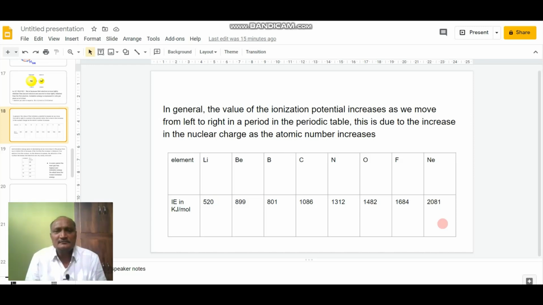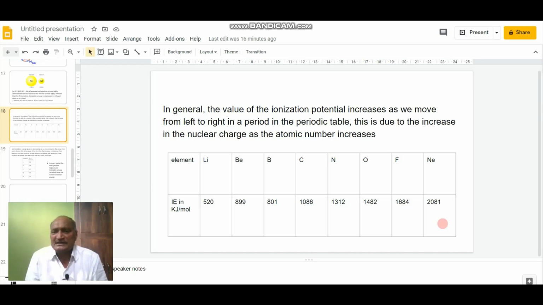In general, the values of ionization potential, that is ionization energy, increase as we move from left to right in a period in the periodic table. The increase in the ionization energy from left to right in a period is due to the increase in the nuclear charge as the atomic number increases.